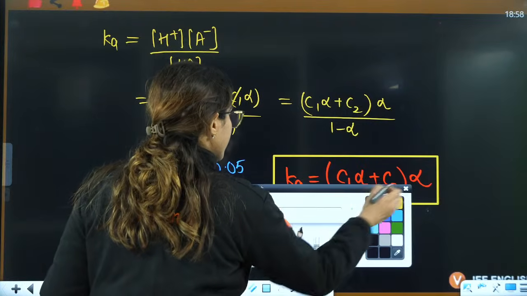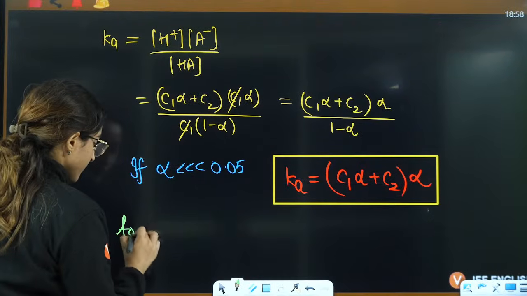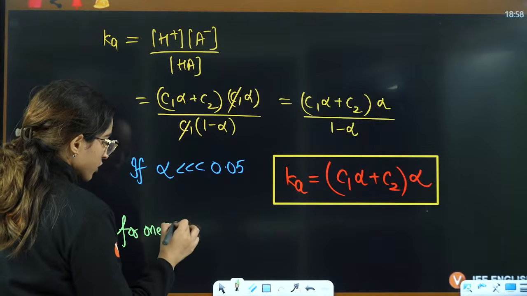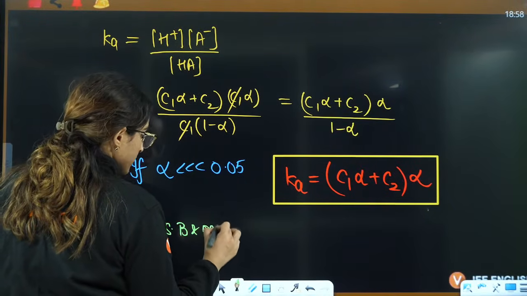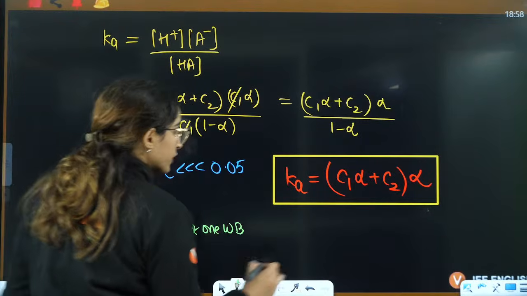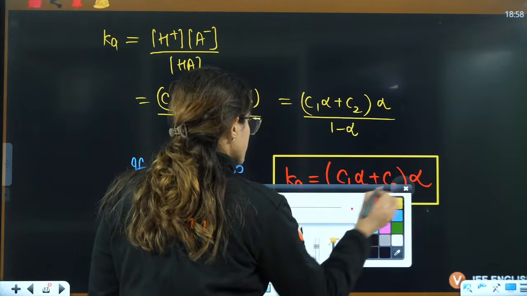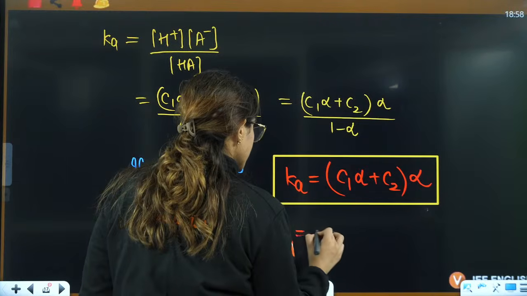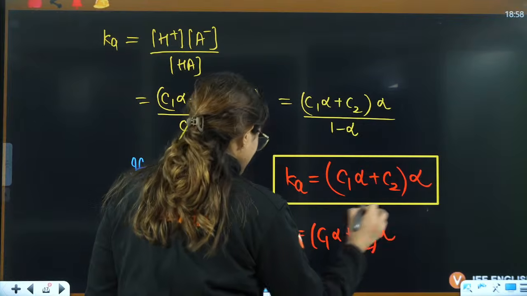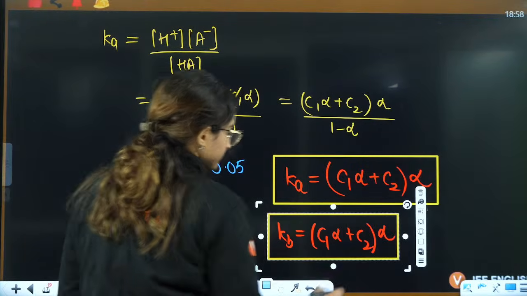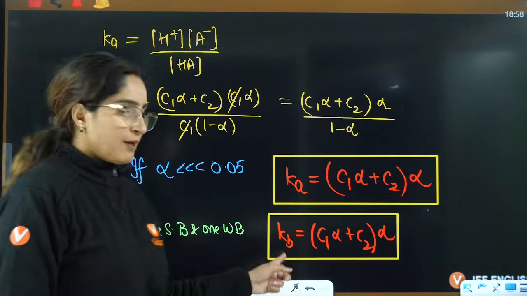So we'll just write it here. For one strong base and one weak base, it is going to be Kb equals C1 alpha plus C2, into alpha. The same formula will be there, here with Kb.